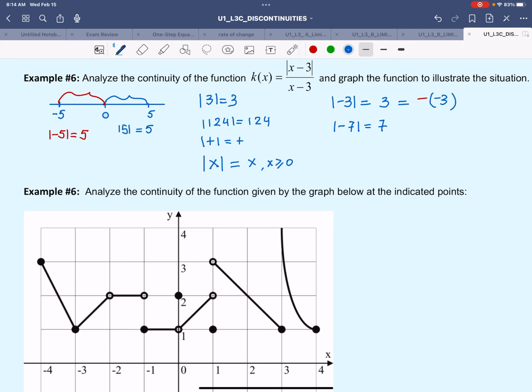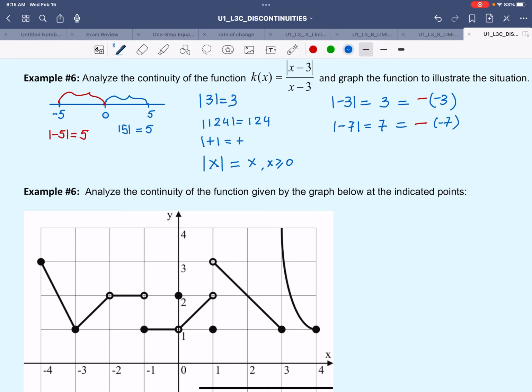The number 3 can also be described as the opposite of negative 3. So the absolute value of negative 7 is 7, the opposite of the number that is inside the absolute value.